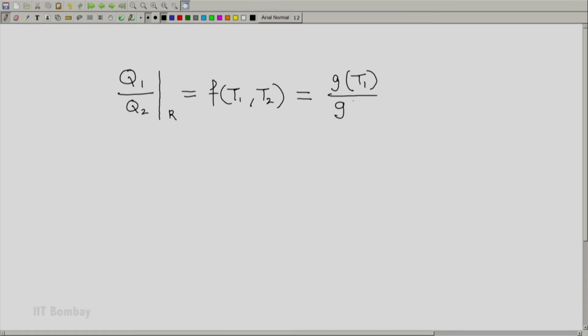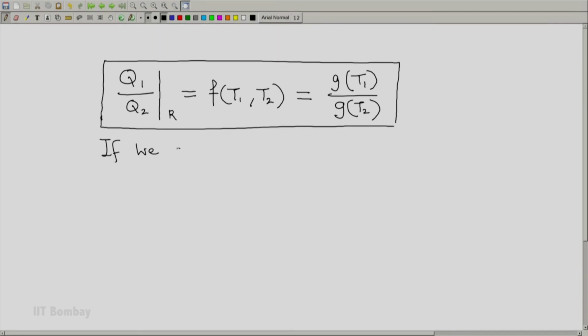Remember that we defined our f in such a way that Q1 by Q2 for a reversible 2T heat engine was f of T1 and T2, and now we know that this has to be of the type some function g of T1 and g of T2.